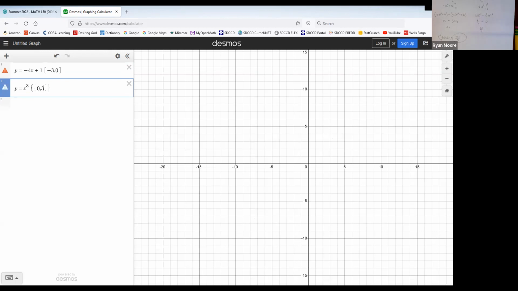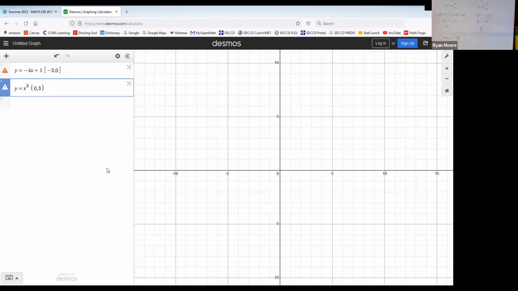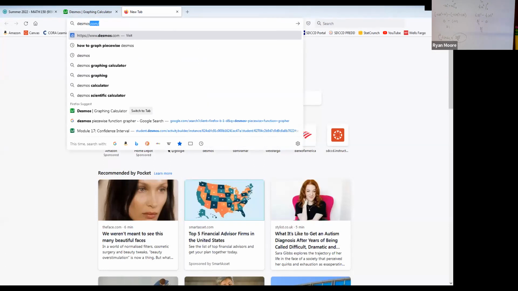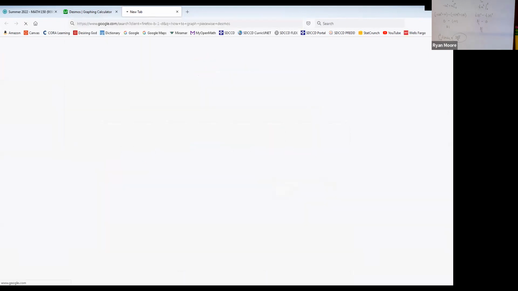Oh man, looks like I forgot how to do this. Let's look it up. Desmos, how to graph piecewise.